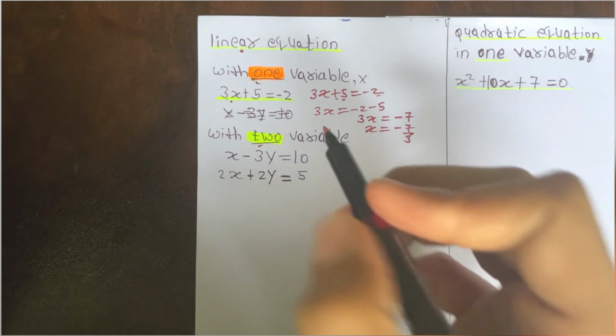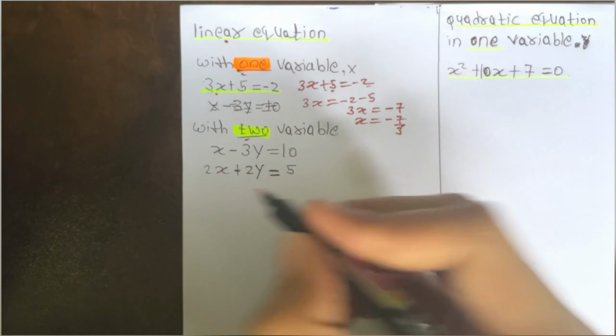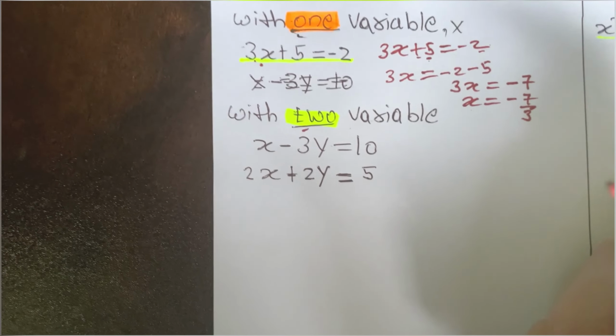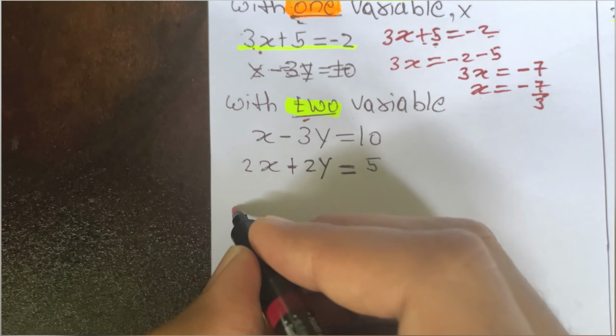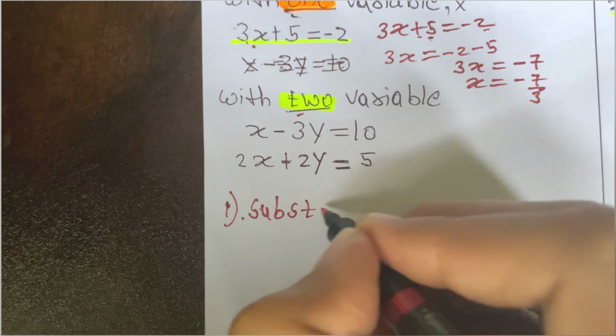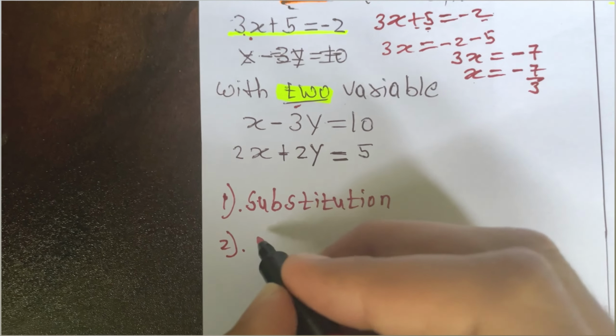Okay, so next we will learn about linear equation with two variables. How do we solve this linear equation with two variables? The linear equation with two variables can be solved by two methods. First one is by substitution, and then another is by elimination.